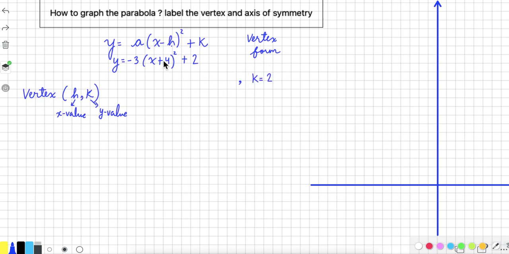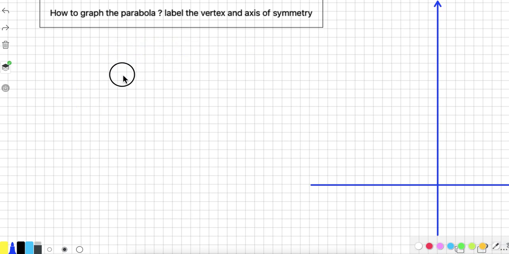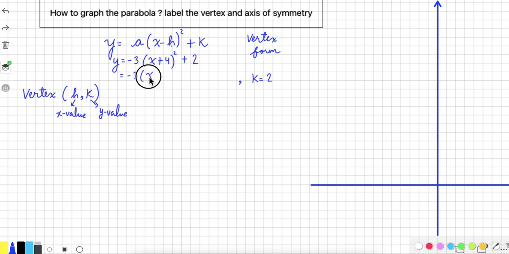And what about the h value? In the format there is x minus the h value, but the equation says x plus 4. That means there is a minus already in the formula, but here we have plus 4. If I place the 4 here, if the h is 4, then the equation would look like x minus 4.